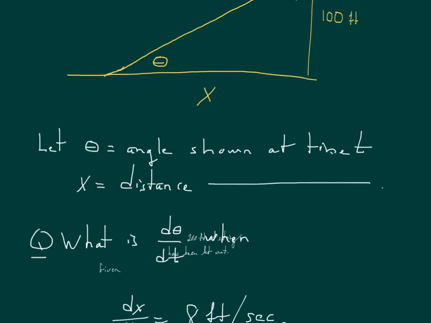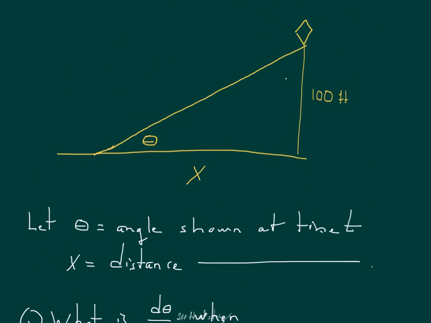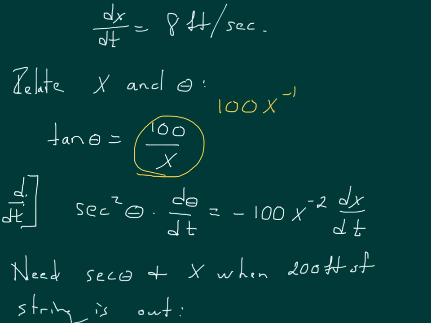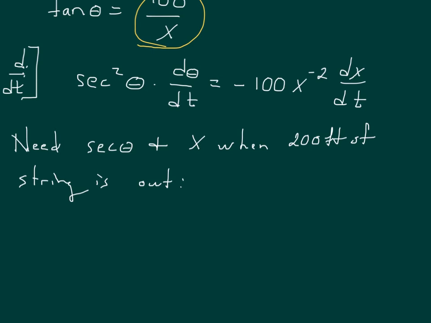What does this picture up here look like when 200 feet of string has been let out? I'm going to have a 200 here, and then from that I should be able to figure out what x is and also what secant theta is. So let's draw a new diagram down here. Okay, our diagram is going to look like this.